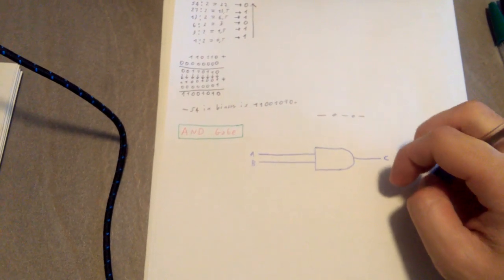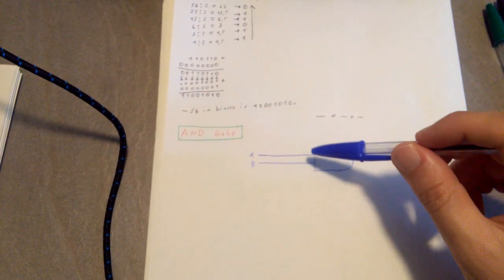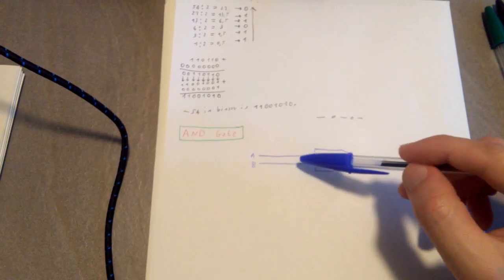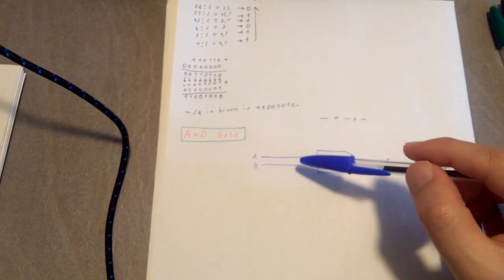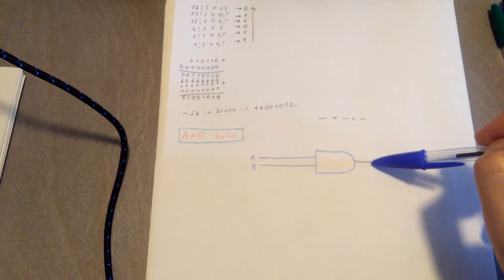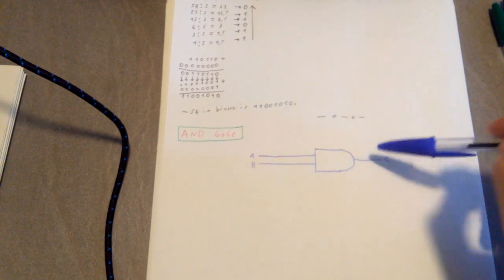Well, it's pretty straightforward. If both the inputs A and B are true, then the whole statement in the output is true. If one of them is false, then the statement is false.